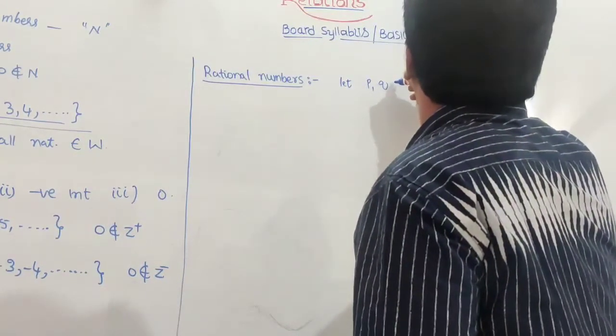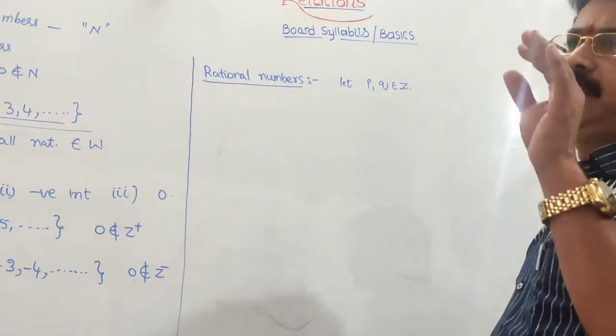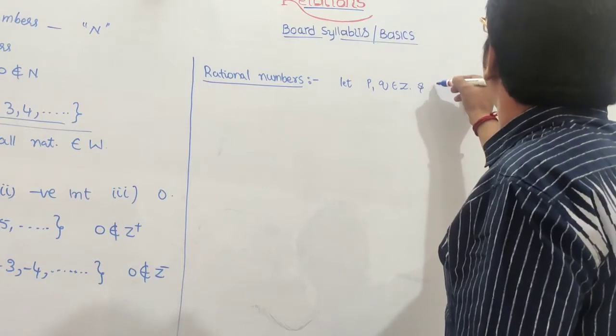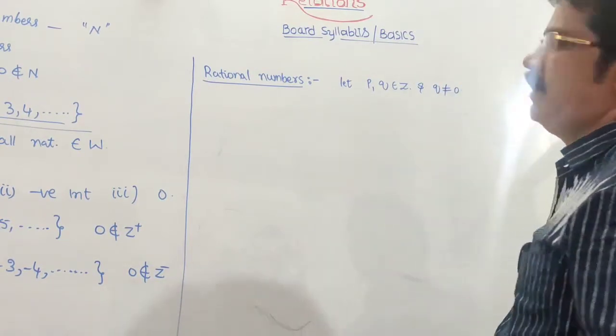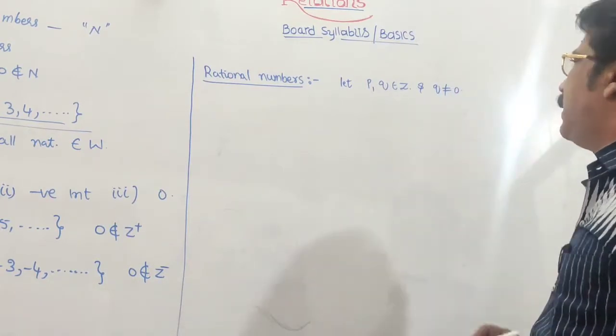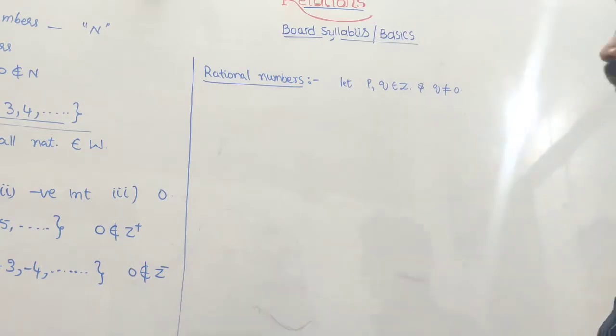P comma Q belongs to Z. Means take two integers subject to the condition Q should not be equal to 0. Subject to the condition Q should not be equal to 0.